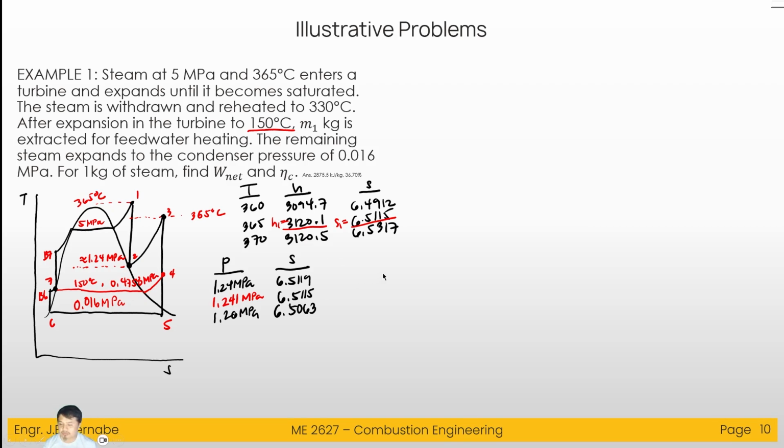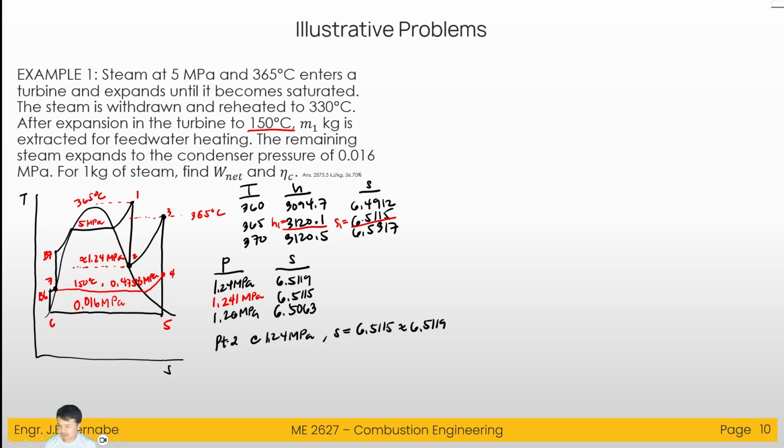It will be a different formula than the one I showed before, because this is a different scenario, a different case. So we have to do the mass balance and heat balances properly. We can solve for point 2, where I'll just use 1.24 MPa, and S is equal to 6.5115, which is approximately 6.5119, so the two are approximately equal.